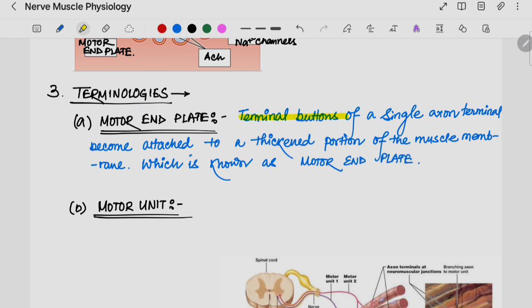So here are the terminal buttons of the axonal terminal attached with the thickened portion of the muscular membrane, that is known as the motor end plate.